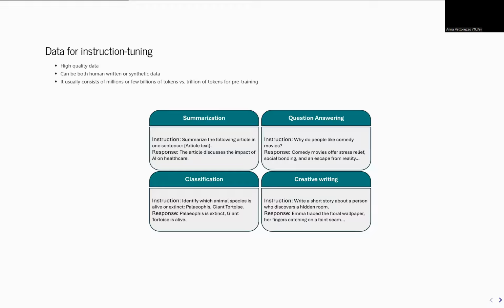And then the response of the model should be something like, comedy movies offer stress relief, social bonding, and an escape from reality. And you can abstract this to any task that you would like to do, like math problems, or helping with some Python code, or creation of a JSON file, whatever. The most important part is that your data, again, should clearly reflect the model behavior that you want to obtain at the end of the instruction tuning phase.